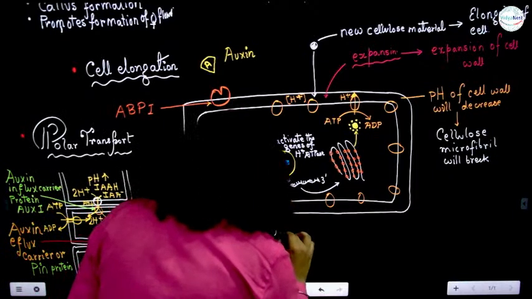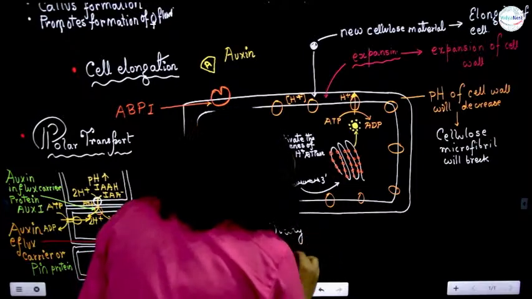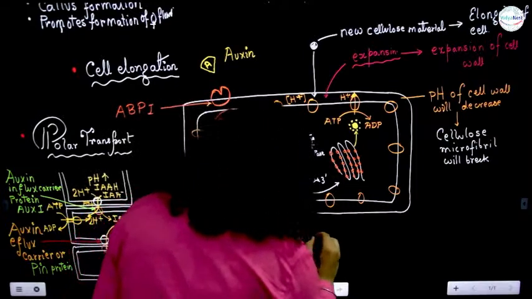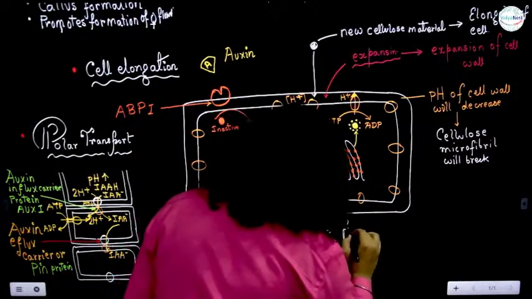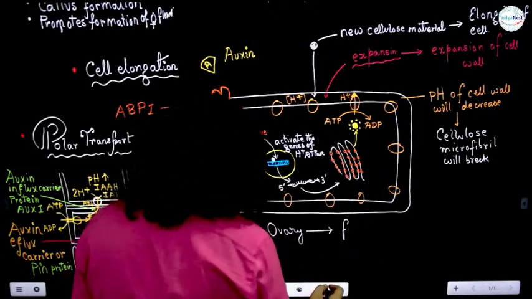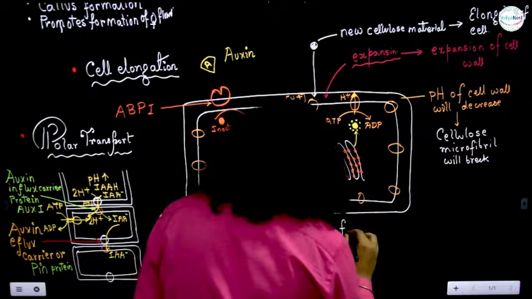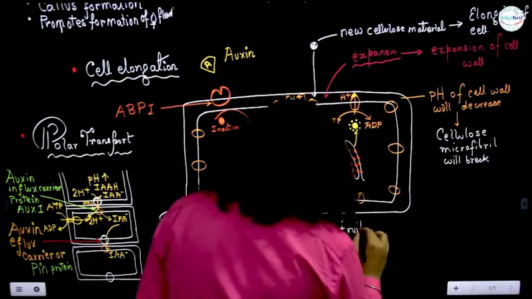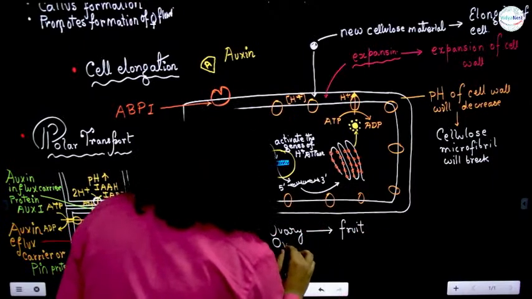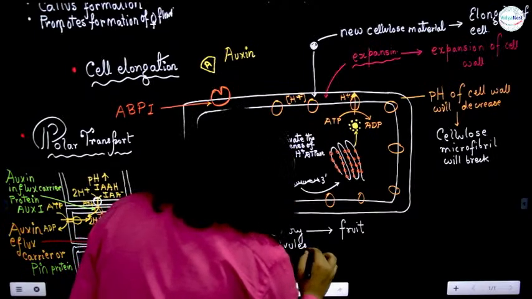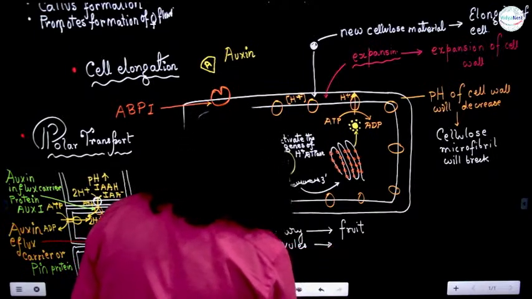That means, say this is the ovary. Generally, what happens after fertilization: the ovary changes into fruit, and the ovules change into seed.